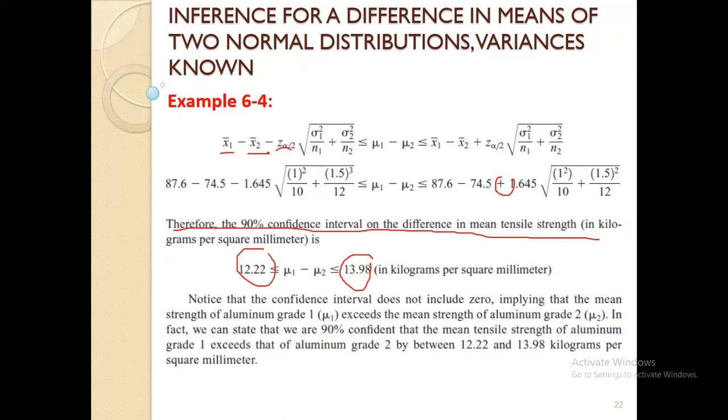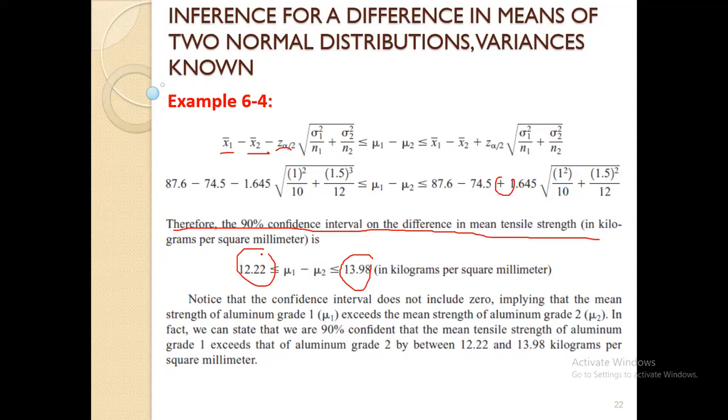What does this mean? You can compare mu1 and mu2. For this case, the upper and lower limits are both positive. You can conclude that mu1 is greater than mu2, because mu1 minus mu2 is positive.